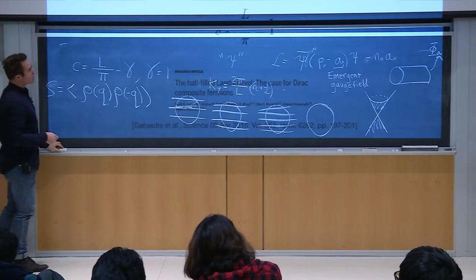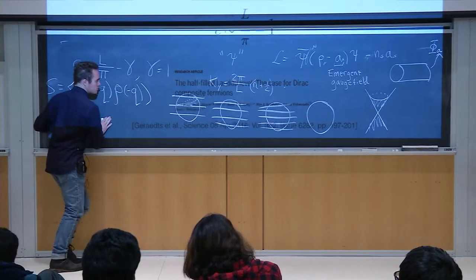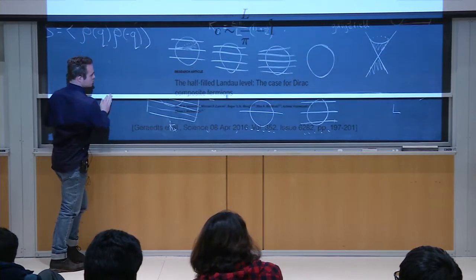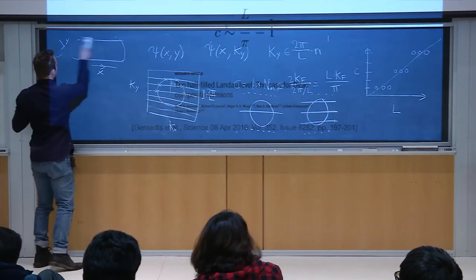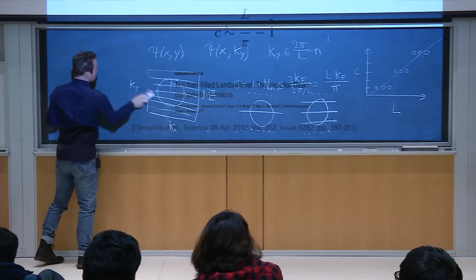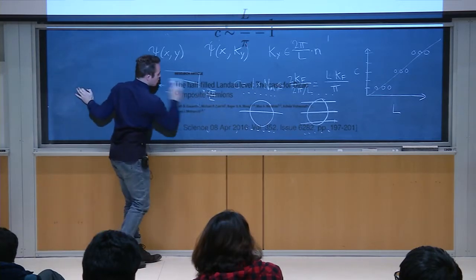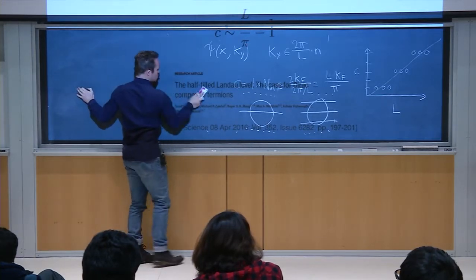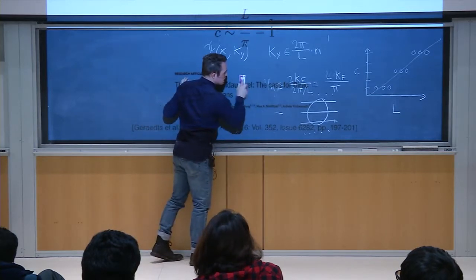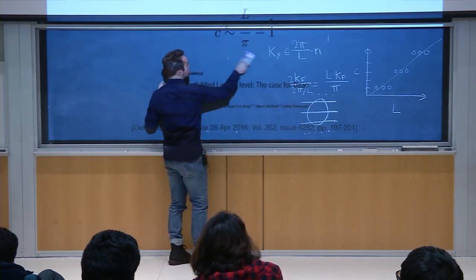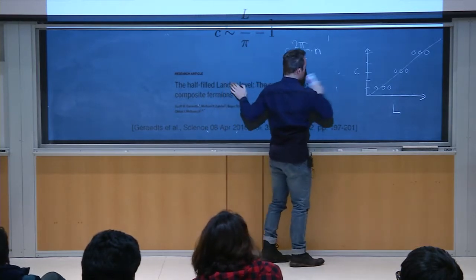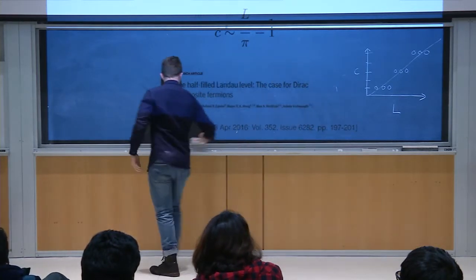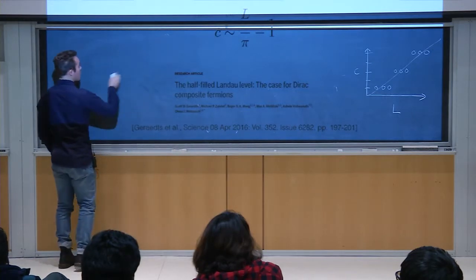So that also comes from the gauge field. So basically the idea is if you have an emergent gauge theory, it's possible to create a pair of objects.